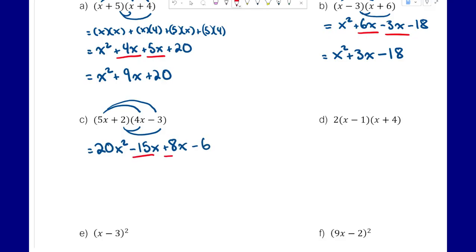I can collect like terms, my two middle values. So I ended up with 20x squared minus 7x, because negative 15 plus 8 is negative 7, and then minus 6.